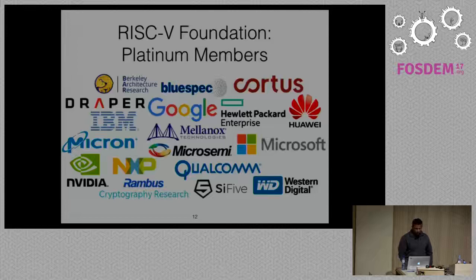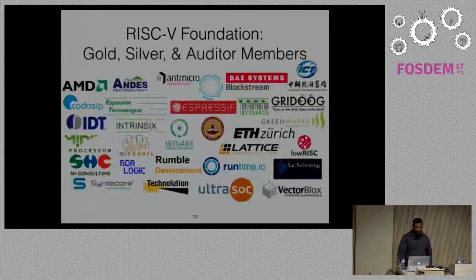Other members include AMD, ETH Zurich, MIT, and lowRISC. Actually, these slides are a little bit out of date. A few more people have been added, so the RISC-V Foundation is doing pretty well.